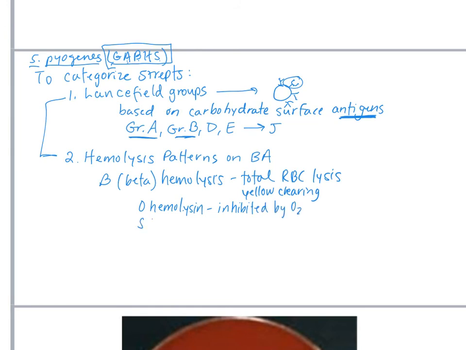And if they have the S hemolysin, that means that enzyme is stable in oxygen. I bring that up because that has repercussions for how you're going to streak your organism today.